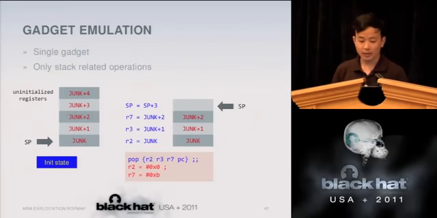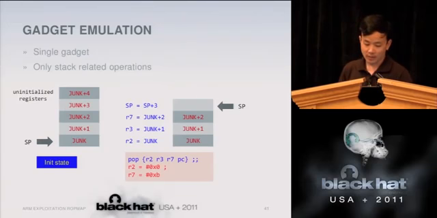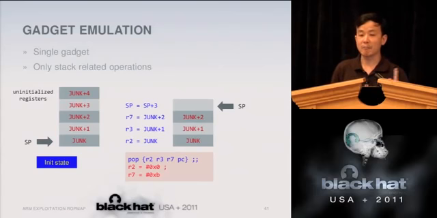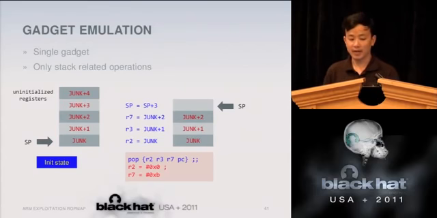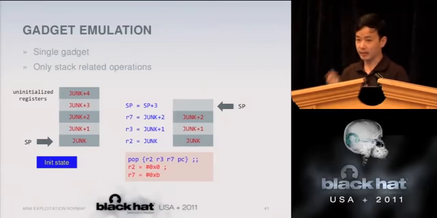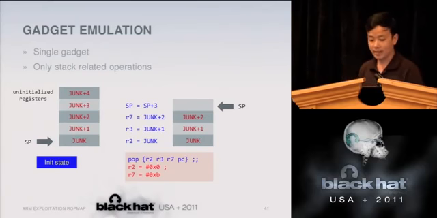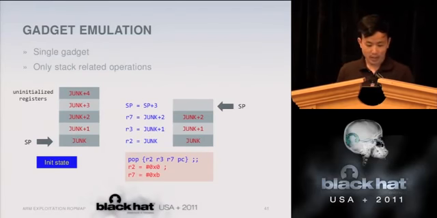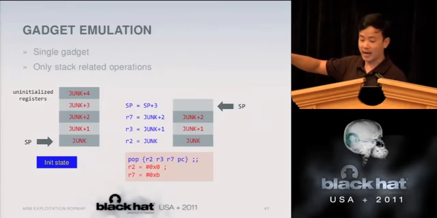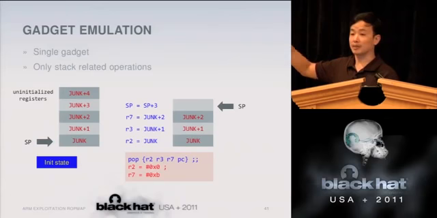Then we execute the instruction, for example pop R2, R3, R7, and PC, with the value binding provided by the revert matching. Here R2 must be 0 and R7 must be "/bin/sh". By executing the instruction, we just pop values from the stack. So R2 is junk, R3 is junk plus 1, and R7 is junk plus 2.